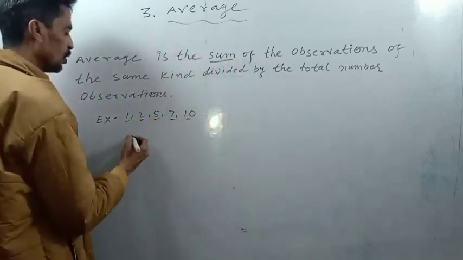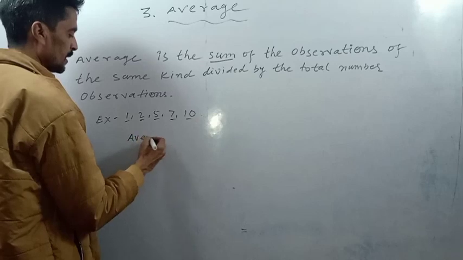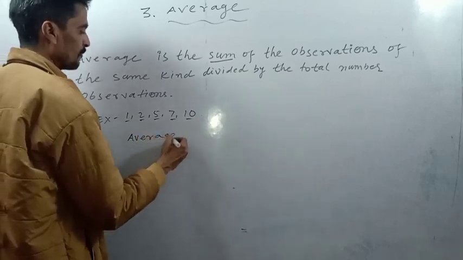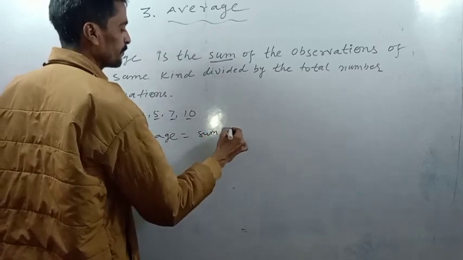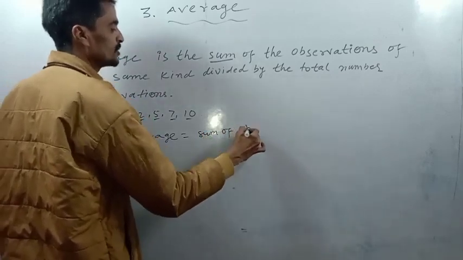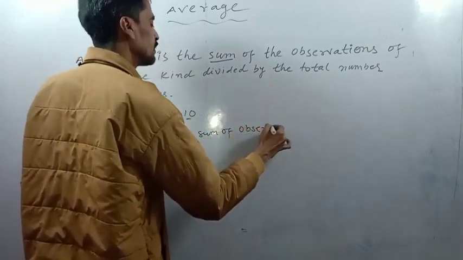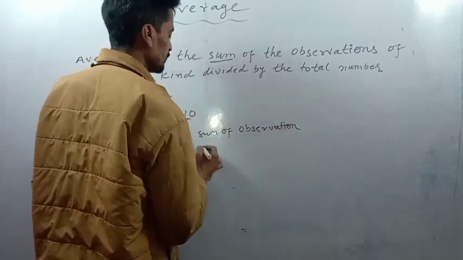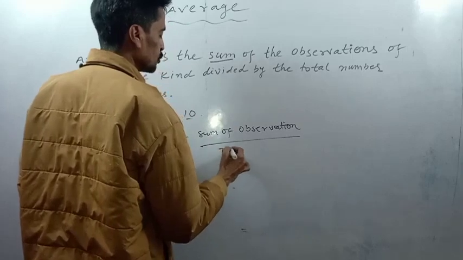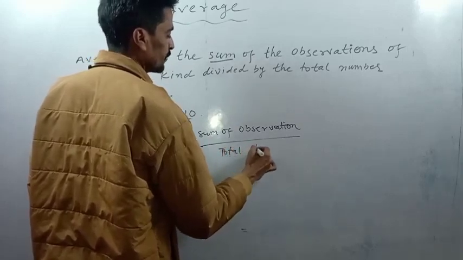Sum. The formula of average: average equals the sum of observations divided by the total number of observations.